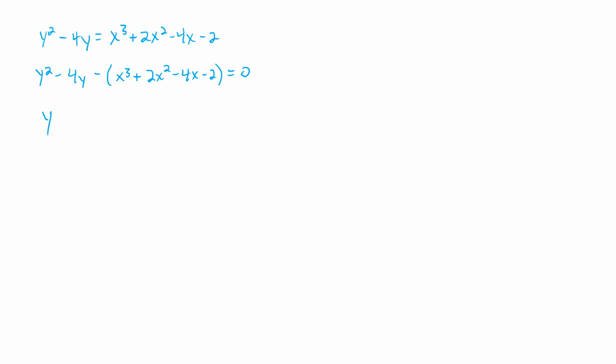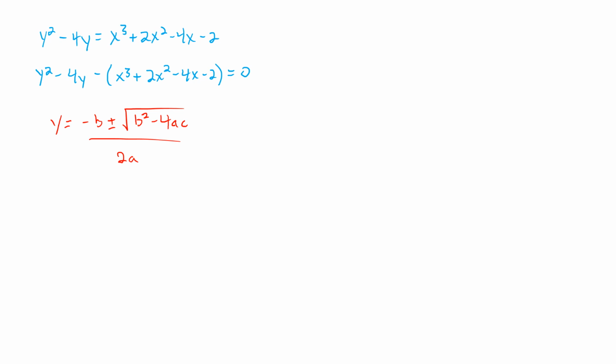Usually we would be solving for x, but in this case we're solving for y. Let me write this in a different variable so we don't get confused. So y equals negative b plus or minus the square root of b squared minus 4ac all over 2a.